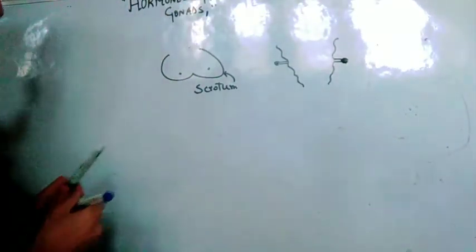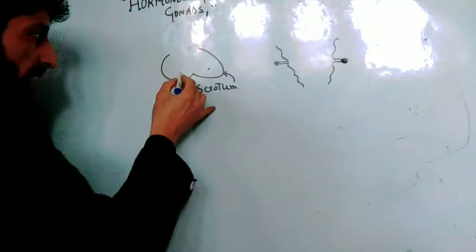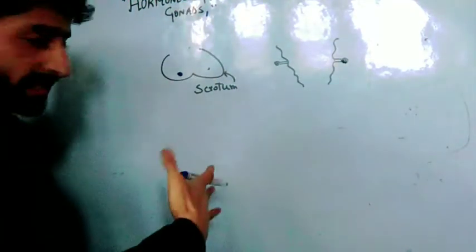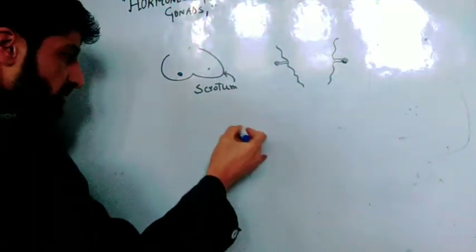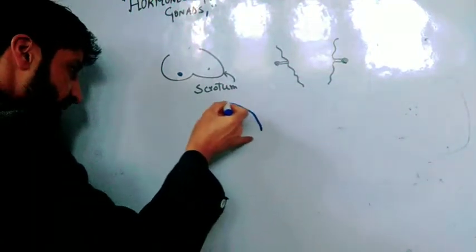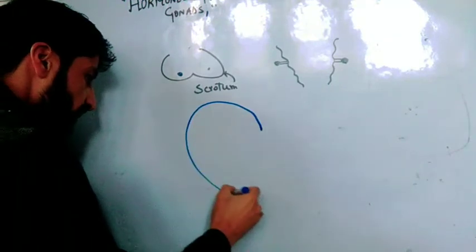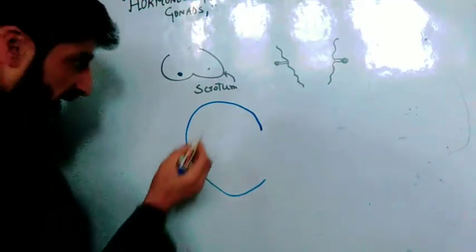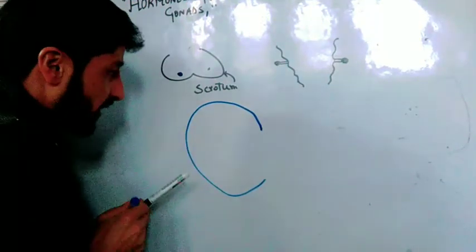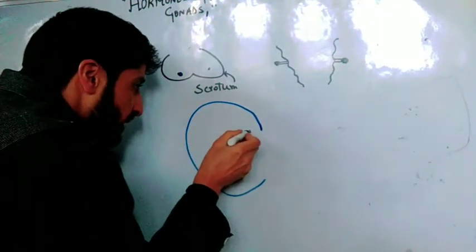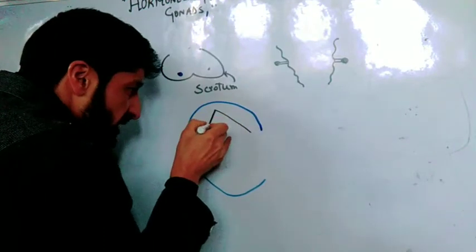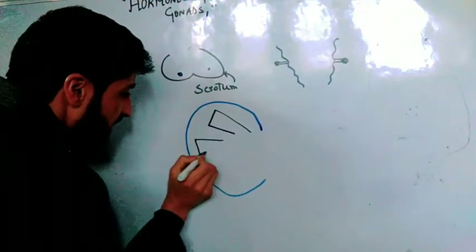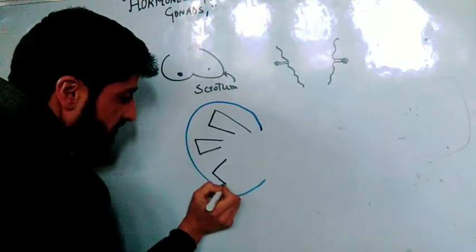Now, as far as each testicle is concerned, if we dissect the testicle, inside the testicle we can find out, each testicle is made of a large number of compartments.